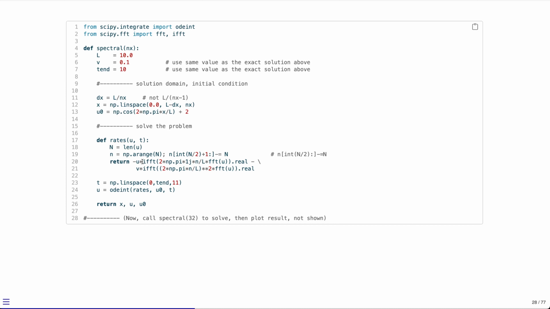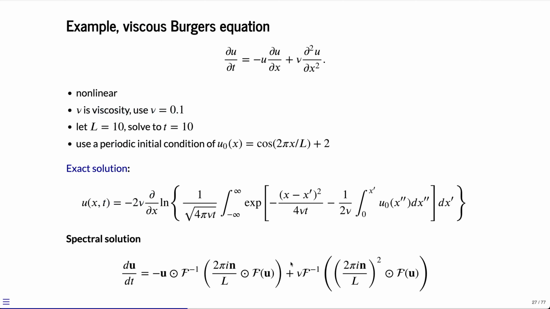And now this thing's going to be, technically it's imaginary, but the imaginary parts are all basically machine zero. So to get rid of those, and so that u is always real, we're just going to take the real part. And then we're going to subtract off the second term, which is this viscous term, which is this part, nu times IFFT times that squared times the FFT of u.